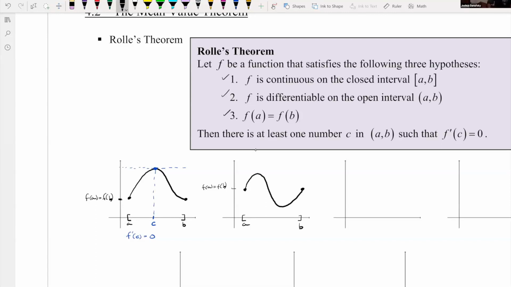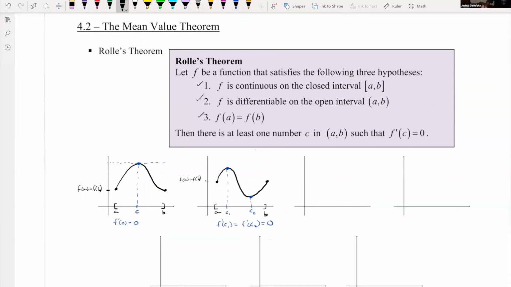Now we have two places where we have horizontal tangent lines, right? So maybe this one is c1 and this one is c2. f prime of c1 is equal to f prime of c2 is equal to 0.